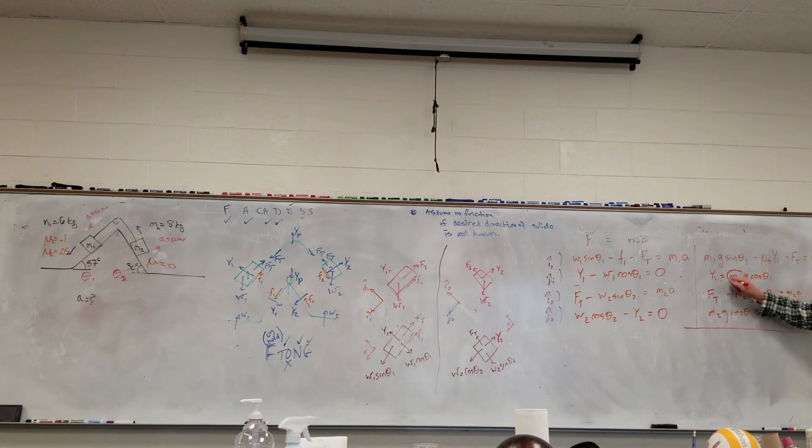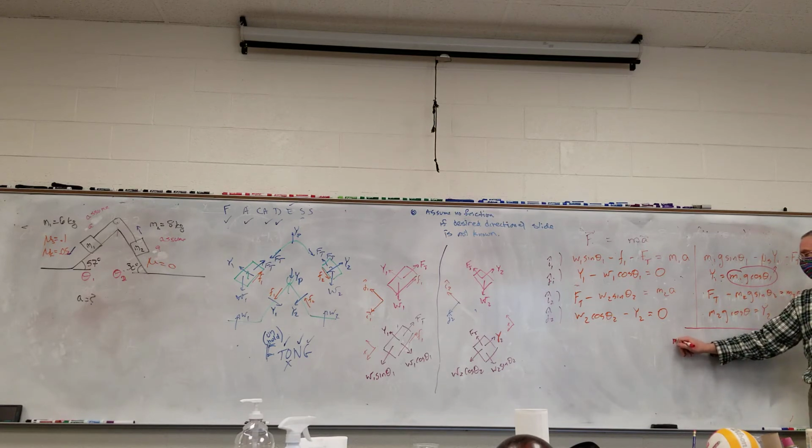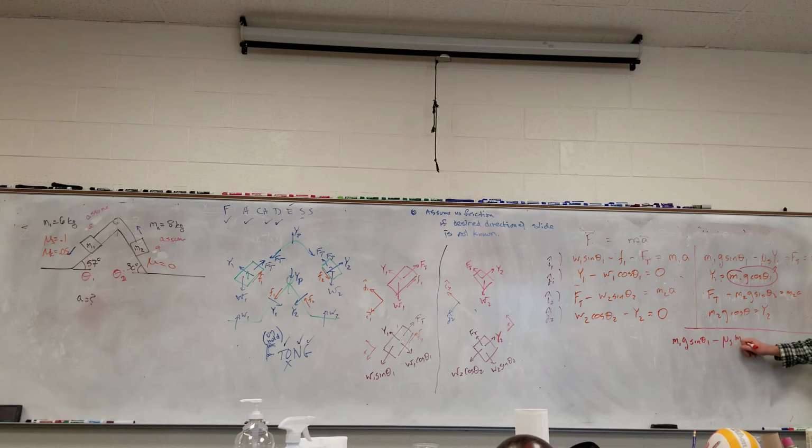All right, so to solve it, I'm going to take this, plug that in for Y1, and then add the two equations at the same time, get rid of my FTs. That's why I have M1G sine theta 1 minus mu S M1G cosine theta 1 minus M2G sine theta 2 equals M1A plus M2A.